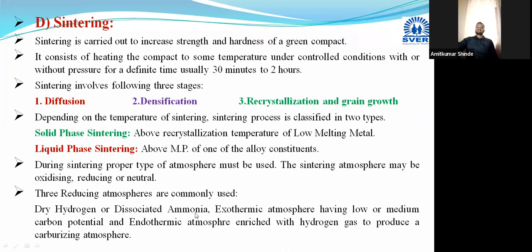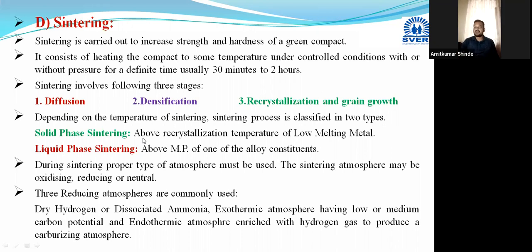Now whichever sintering method we are going to use, these sintering processes are conducted in controlled environmental conditions. Either we can go for a reducing atmosphere, neutral atmosphere, or oxidizing atmosphere. This atmosphere is chosen depending on the metal powder types.